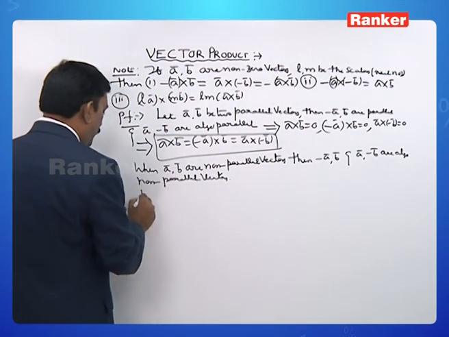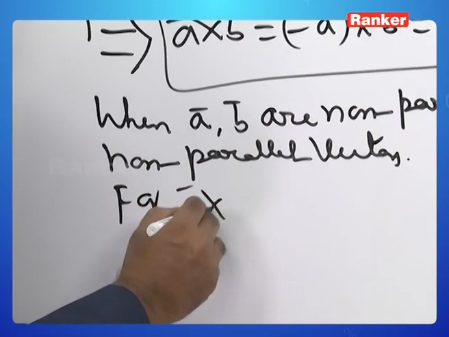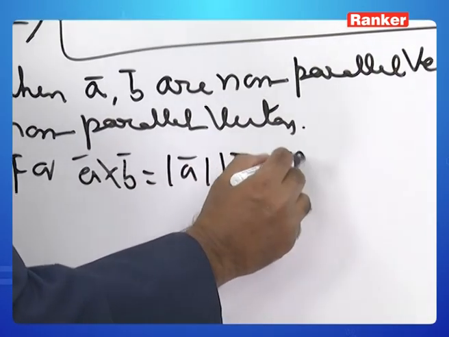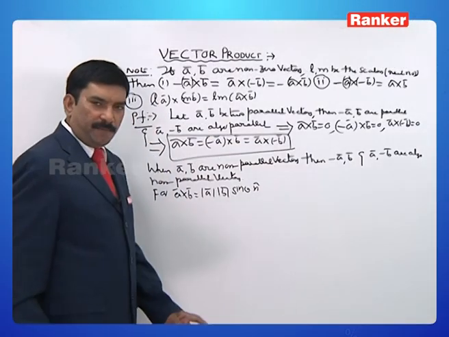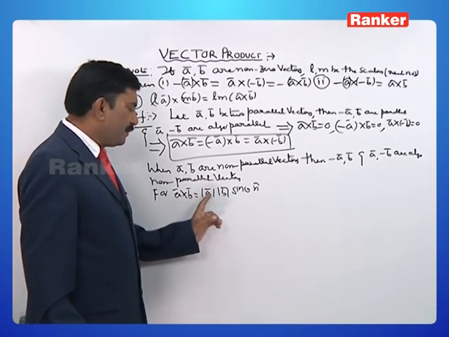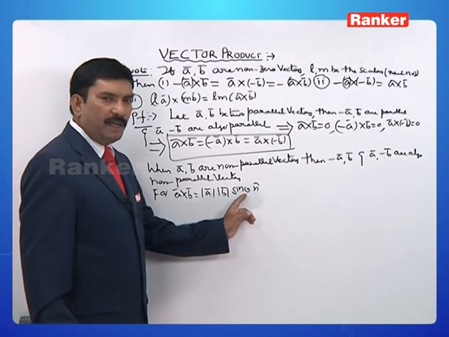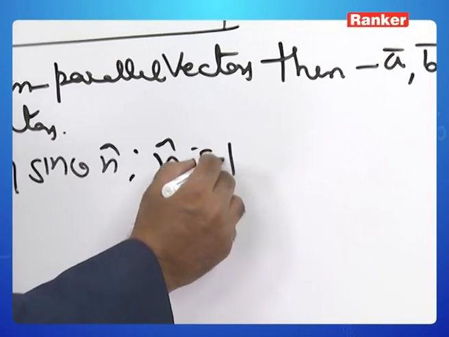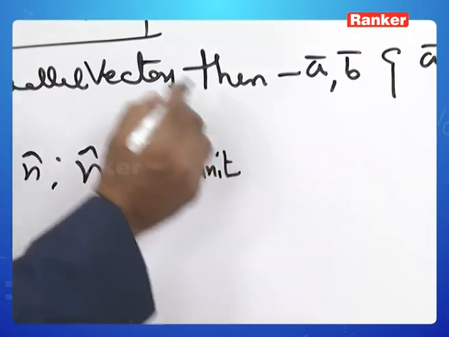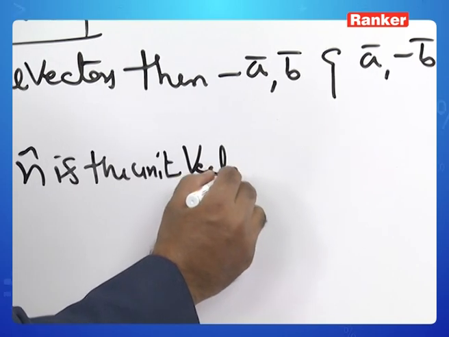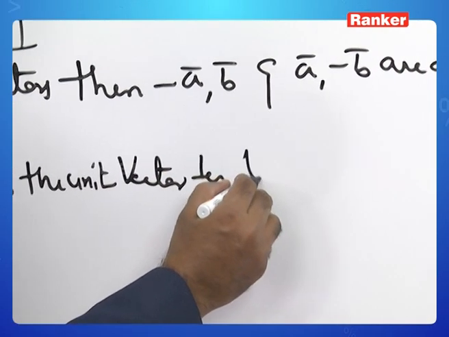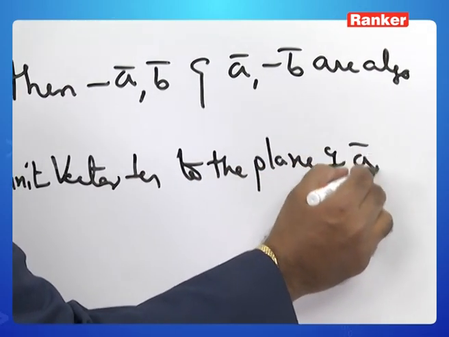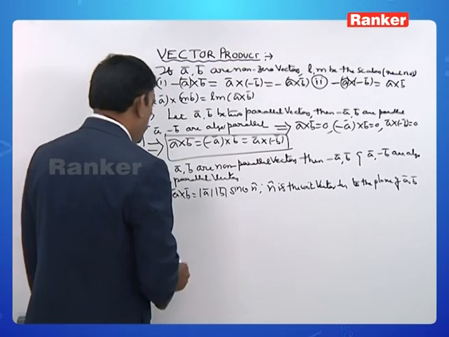Now, A bar cross B bar is equal to mod A into mod B into sin theta into n cap, where n cap is the unit vector perpendicular to the plane of A bar, B bar.